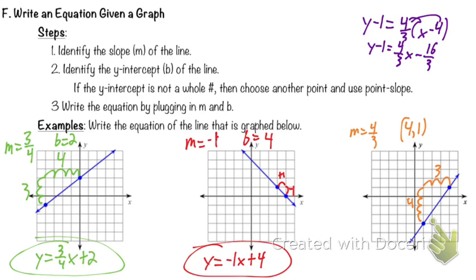I'll shortcut our work here and say when we add 1, we end up getting y equals 4 over 3x minus 13 over 3. Now you might notice, is our b, our y-intercept, a whole number? No, and we notice it doesn't intersect at a whole number, so that does seem to make sense. And that is our answer. Questions on that?